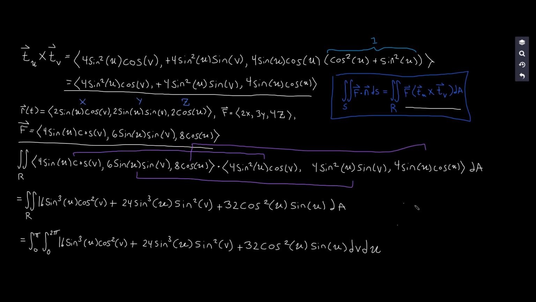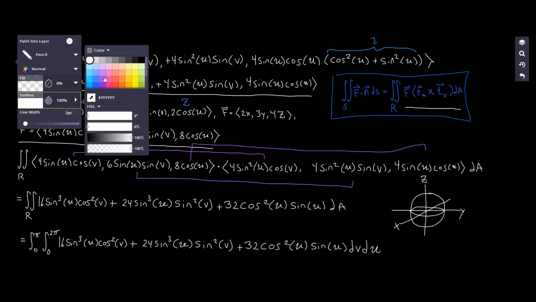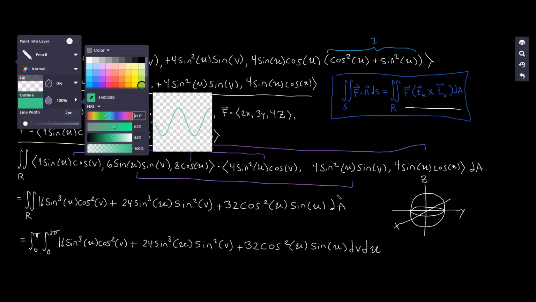So let's see here. If I have a sphere, let me orient it on our axes here. If I have a sphere, we can even introduce some colors, right? Why not? Well, the azimuthal angle, which is from 0 to 2 pi, spins completely around the z-axis.